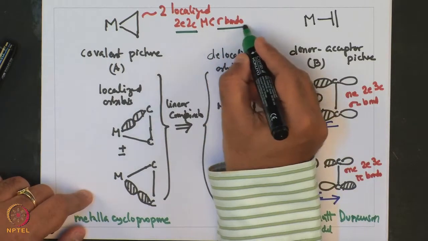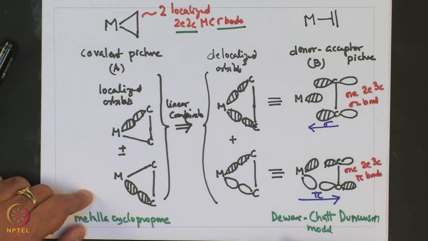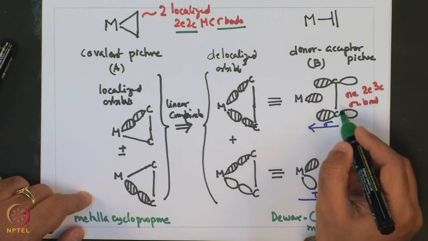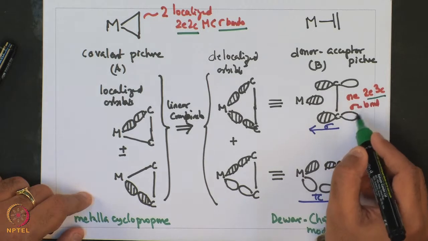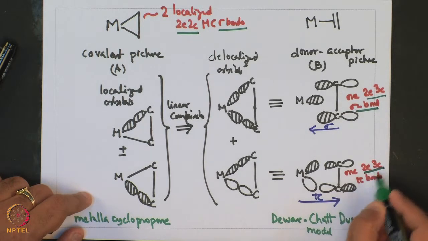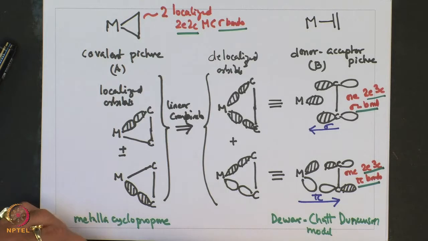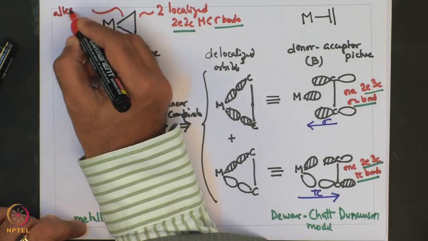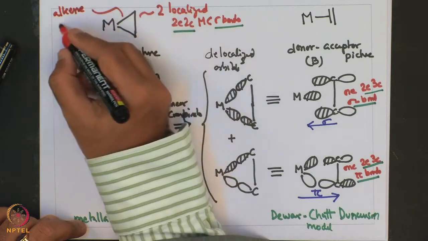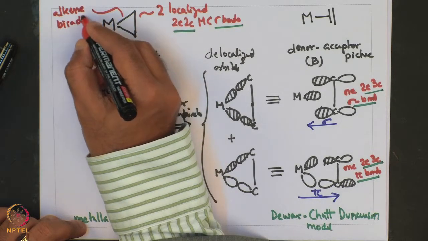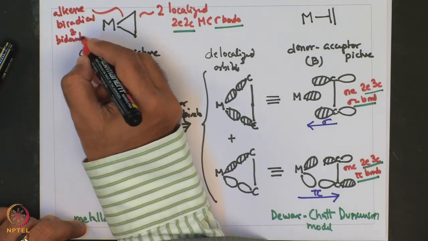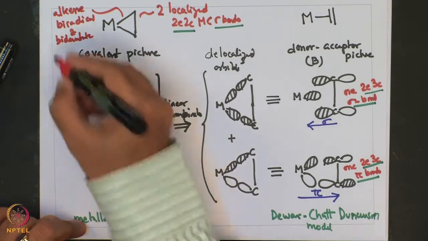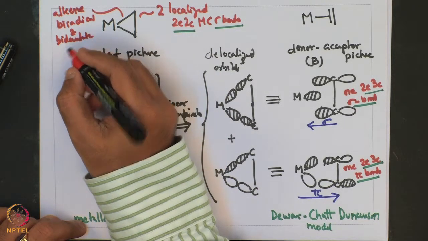localized sigma bonds which are classical 2 electron 2 centered. On the other hand, for the donor-acceptor theory, there is one 2 electron 3 centered sigma bond and another 2 electron 3 centered pi bond. Another interesting difference between the two is, in this case the alkene is biradical, bidentate and also non-planar.